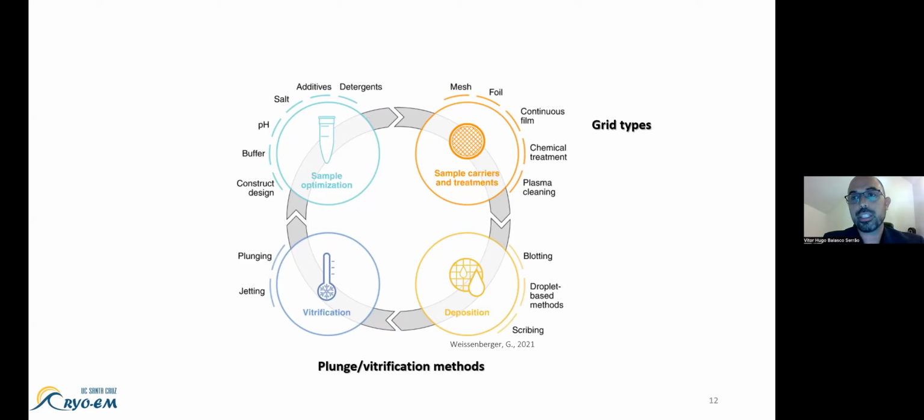So it's critical that you have this opportunity to walk into the lab, test different things, and screen right away, because you will never know if your sample is ready for high resolution unless you screen.